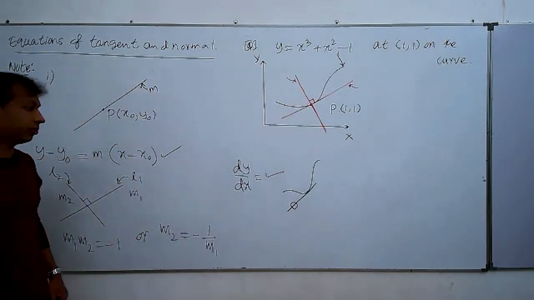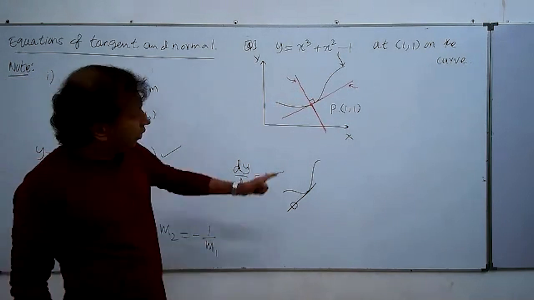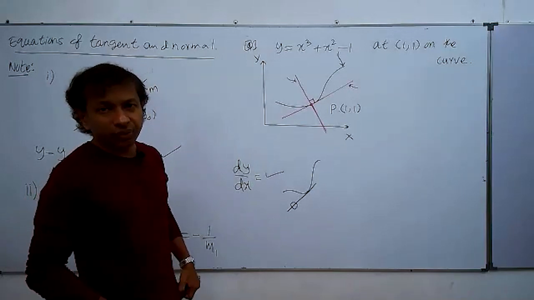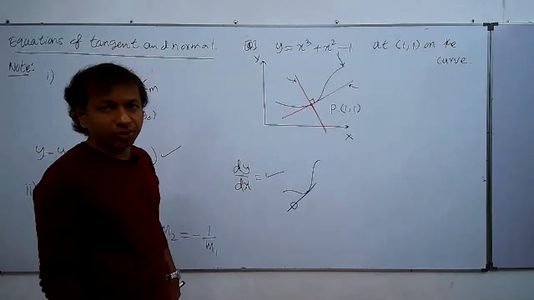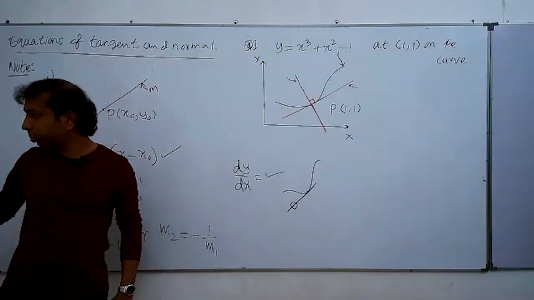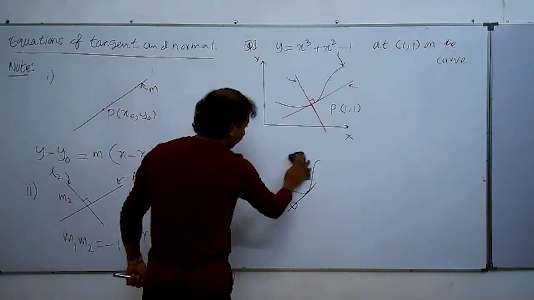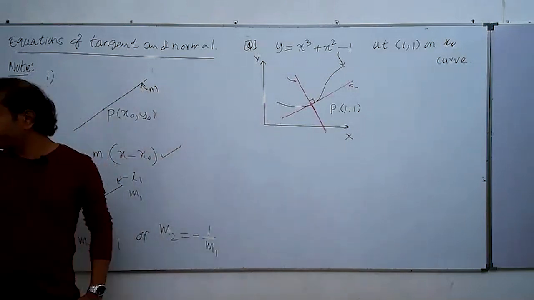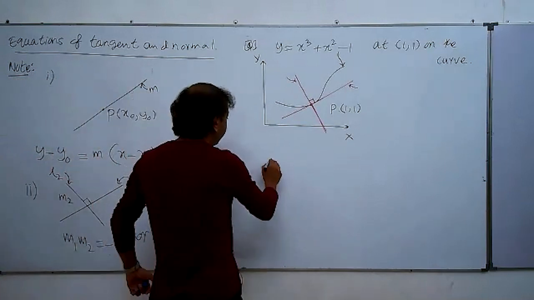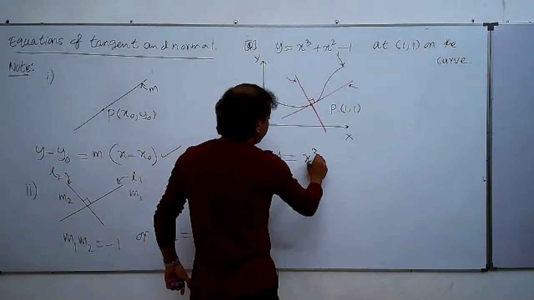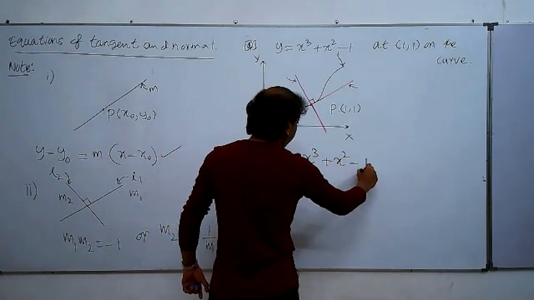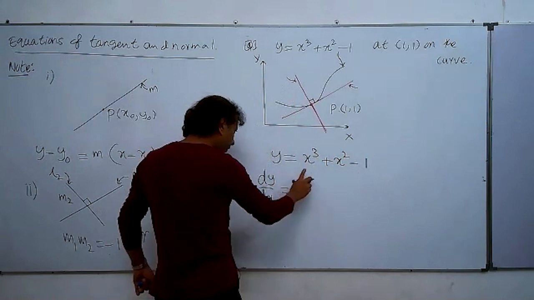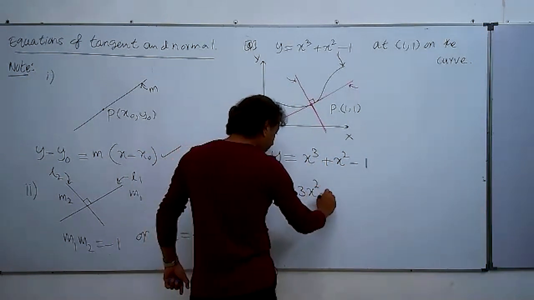Okay, now start. First, draw a rough sketch of the graph. This is not the exact accurate graph, people. I just drew this one to put our information in it. Right, we can write here y equals x cube plus x squared minus 1. dy by dx is 3x squared plus 2x.